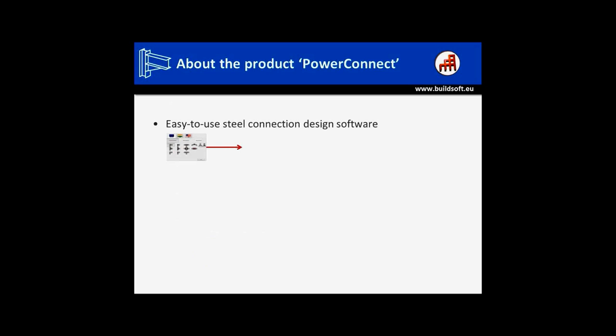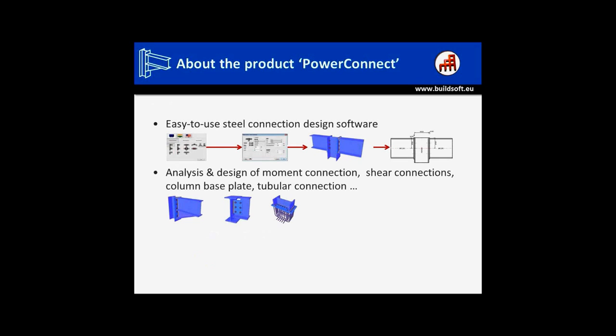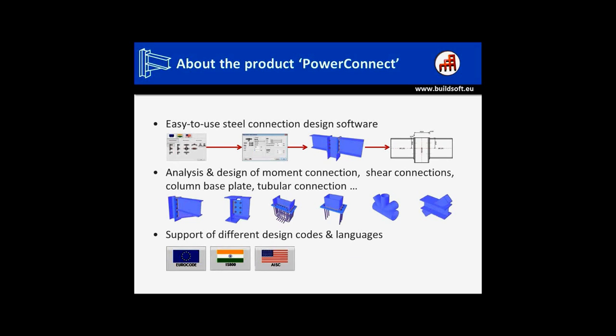Now about the PowerConnect, which is what this webinar is all about, of course. The PowerConnect is an easy-to-use steel connection design software. We provide analysis and design of moment connections, shear connections, column-based connections, and tubular connections. We support different design codes: Eurocode, Indian code, American code, and different languages: Dutch, German, French, English, Spanish, Chinese, Portuguese, Polish.